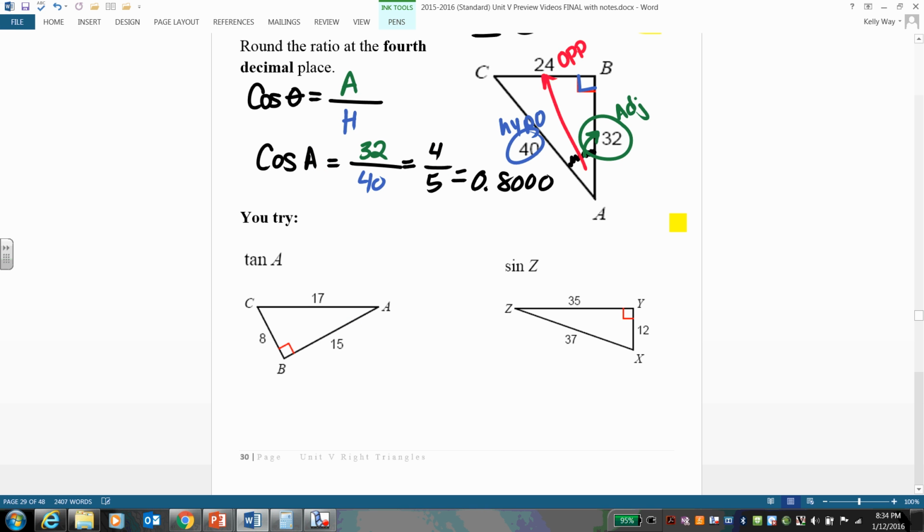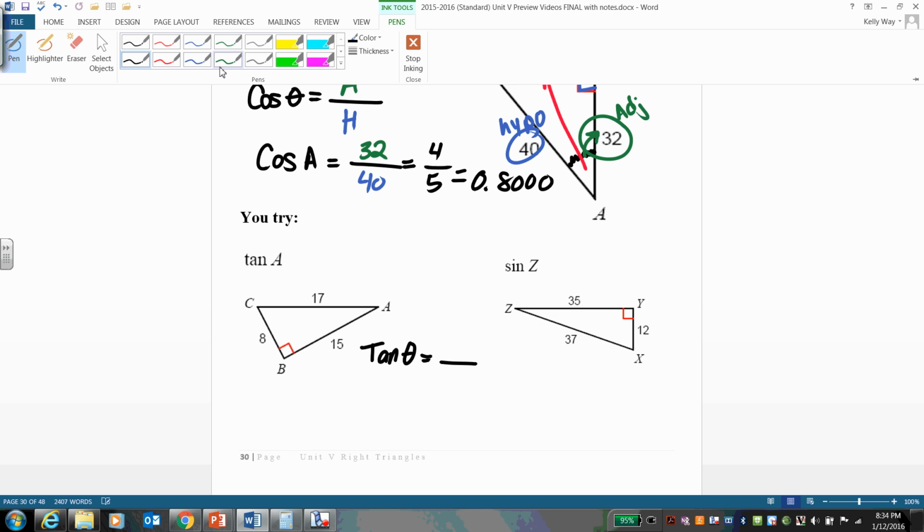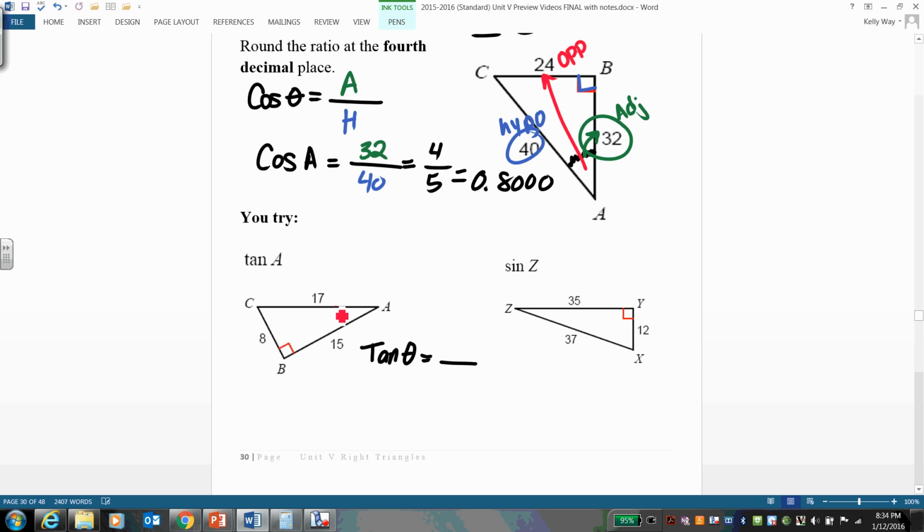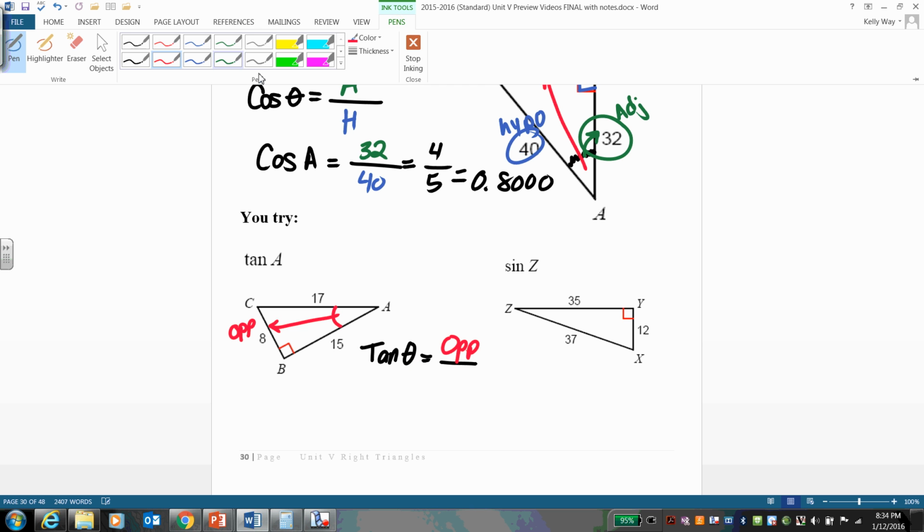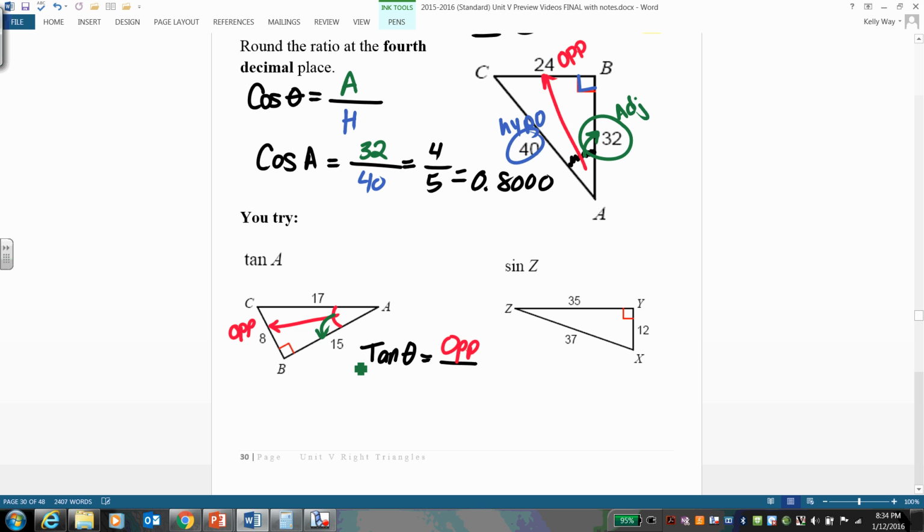You try these two. Pause. Welcome back. Tangent we're working with here. We always start: tangent of angle theta equals, TOA, opposite over adjacent. So for angle A, 8 is going to be the opposite over adjacent, which is 15. There's your equation.